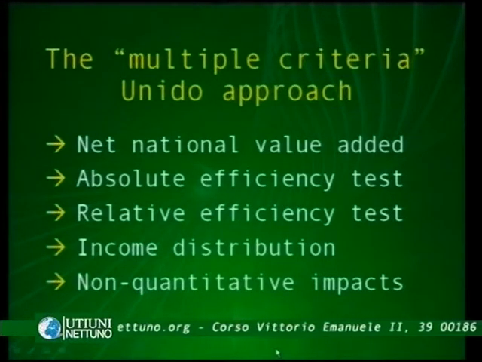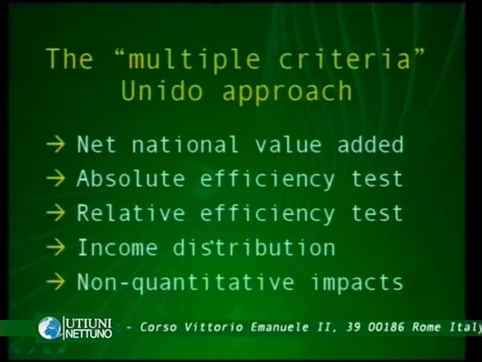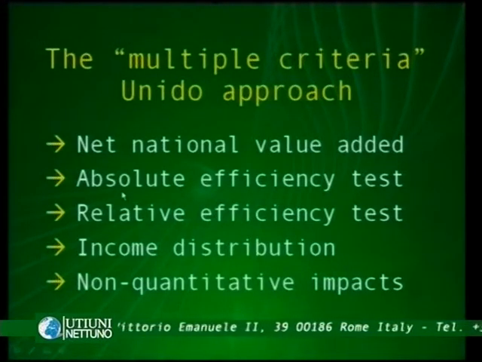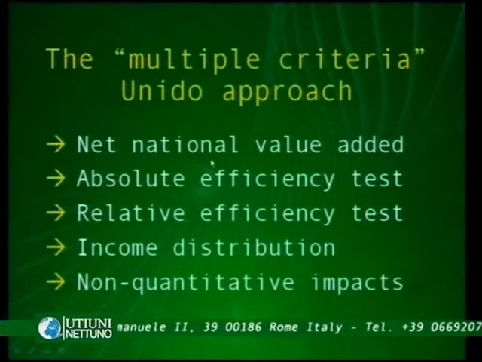And here you have, in particular, 5 criteria that are reported here. The net national value added, that is what we already discussed a minute ago, so that's exactly what is done. And so net national value added is a component of the multiple criteria approach.